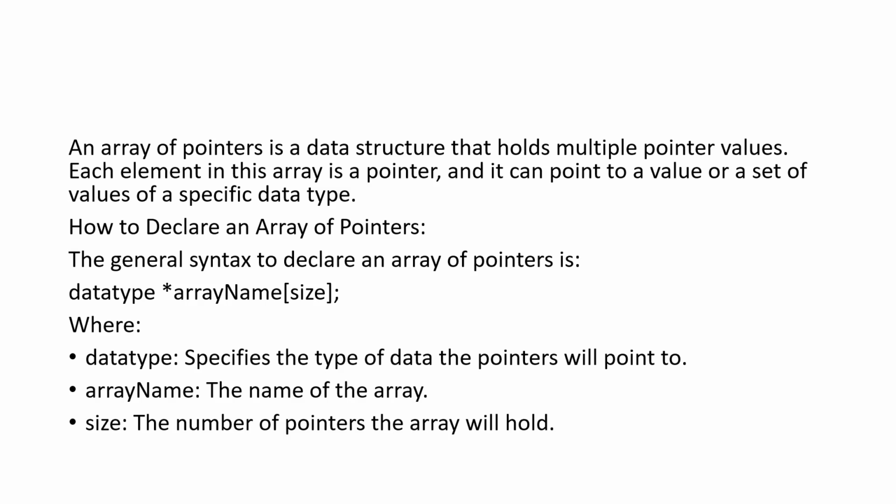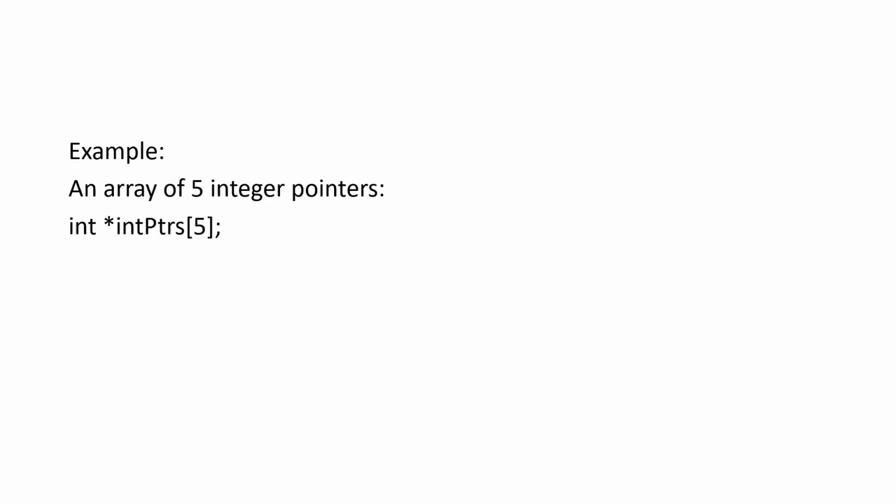The general syntax is datatype *arrayname[size], where datatype specifies the type of data the pointers will point to, arrayname is the name of the array, and size is the number of pointers the array will hold. For example, an array of 5 integer pointers: int *ptrs[5]; ptrs is the name, and within the brackets we give 5, the size of the array.